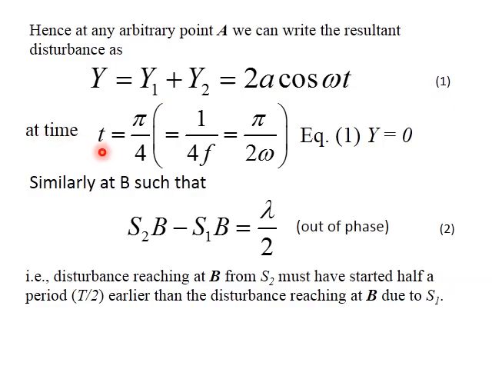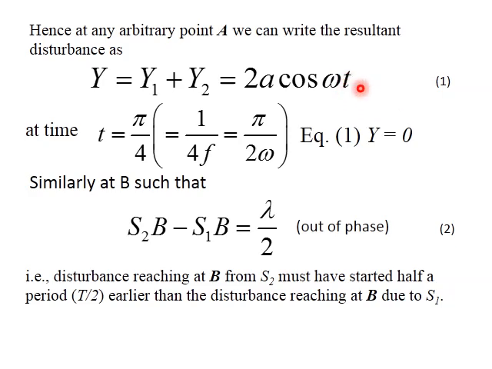At time t, if I consider t equal to pi by 4, in this case this is equal to 1 by 4f, where f is my frequency, which is equal to pi by 2 omega. Now if I use pi by 2 omega here instead of t, I'll have pi by 2 omega.